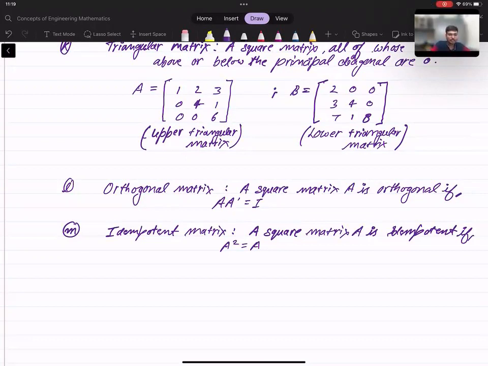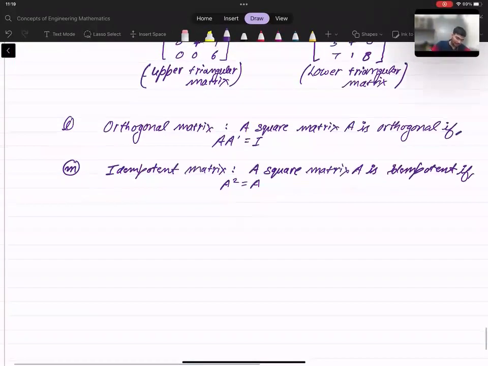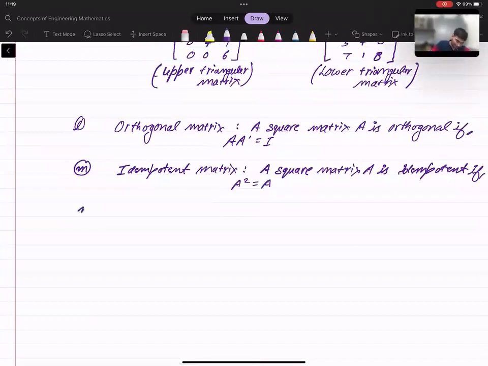Now again one more important class is the nilpotent matrix. When a square matrix is such that, if it is multiplied with itself, then after a certain number of multiplications it results in a null matrix.